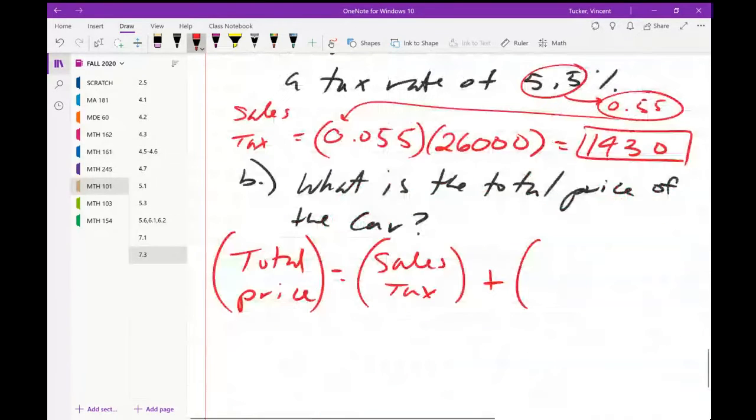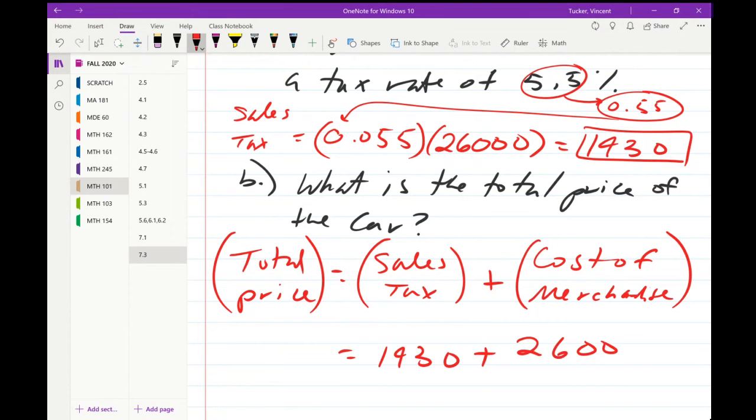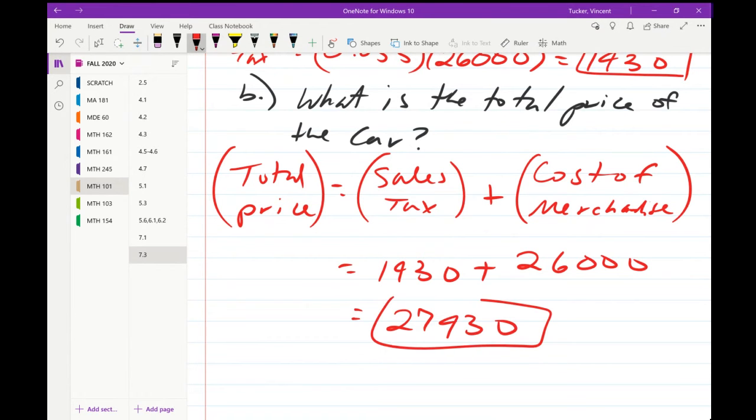Yeah, cost of merchandise. So that would be the 1430 plus the 26,000. That'll be 27,430.